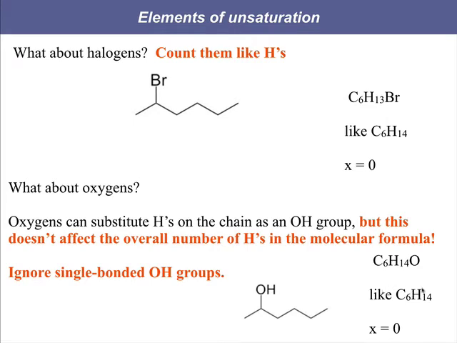This might as well be C6H14, which means our X is 0. So we ignore single bonded oxygens, OH groups. Those do not affect the degree of unsaturation of a molecule. You still end up with the same number of hydrogens on our 6-carbon chain, whether we had the O there or not.